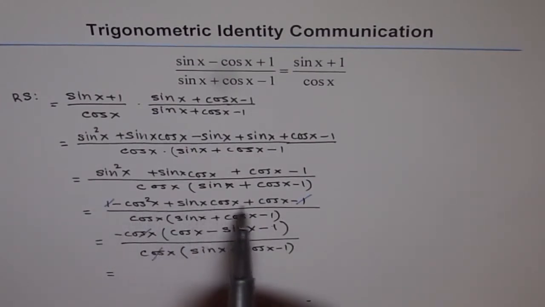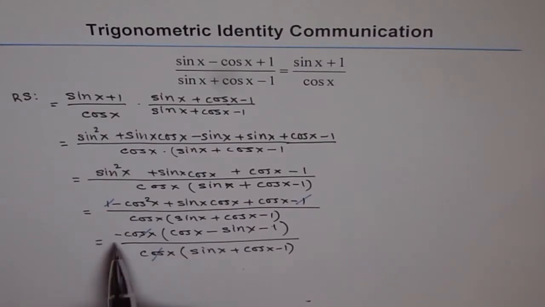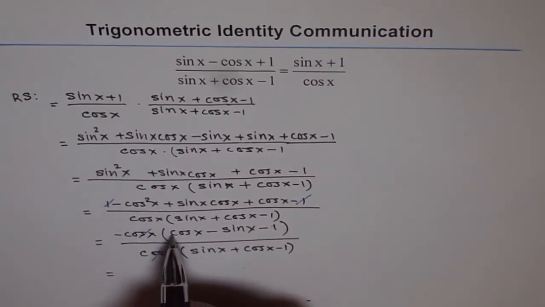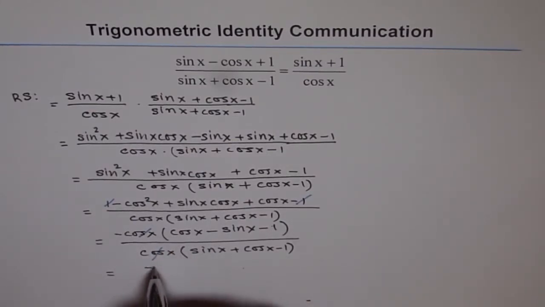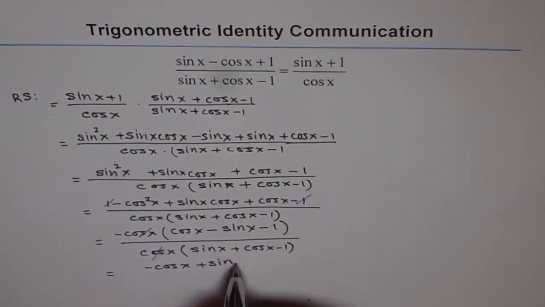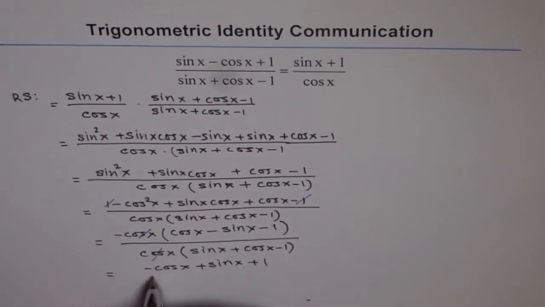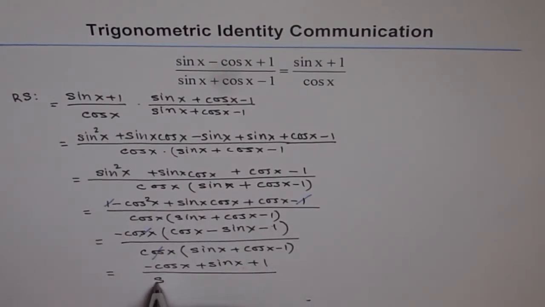Then we took minus cos x common. Now I'll multiply by minus back and I'll get minus of (cos x plus sin x plus 1) divided by sin x plus cos x minus 1.